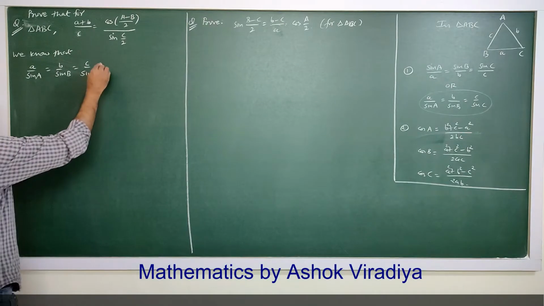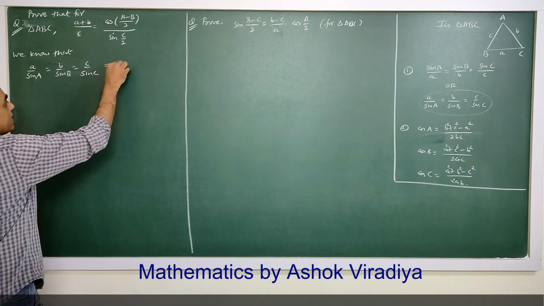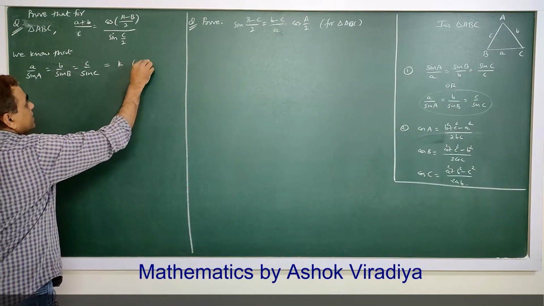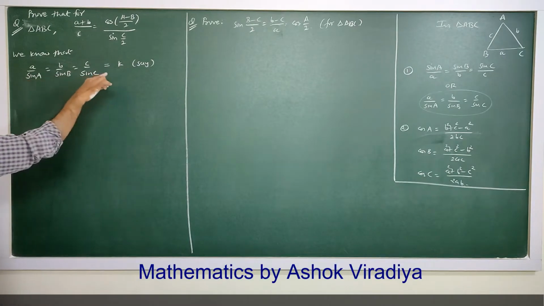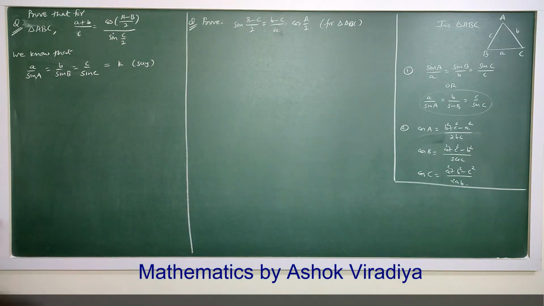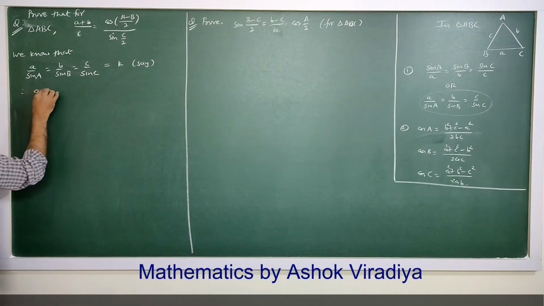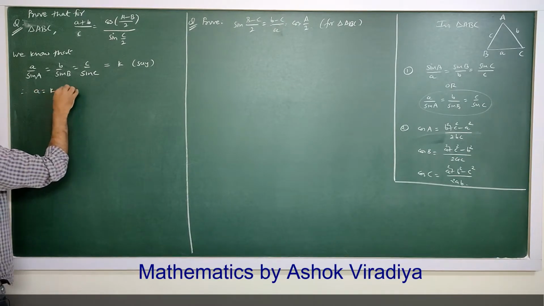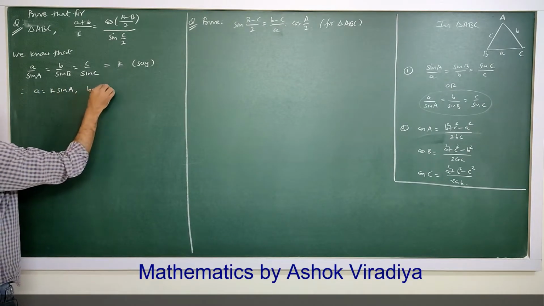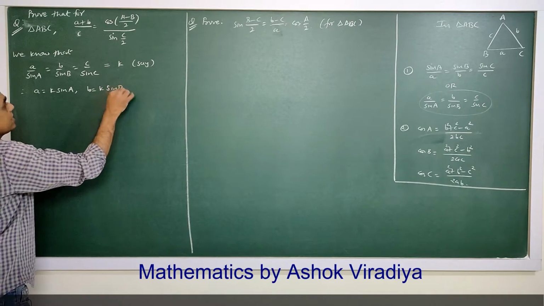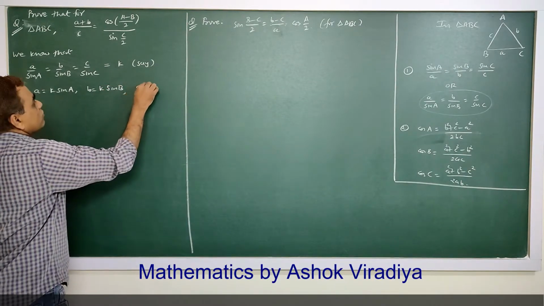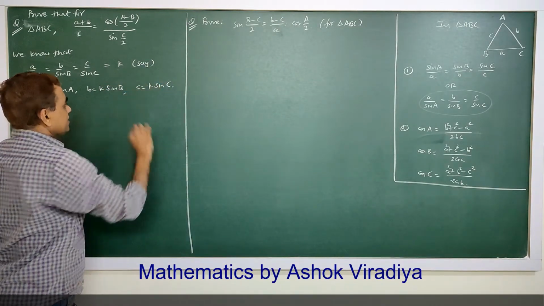Suppose that this ratio is equal to K. Therefore, A is equal to K into sine A, B is equal to K into sine B, C is equal to K into sine C.